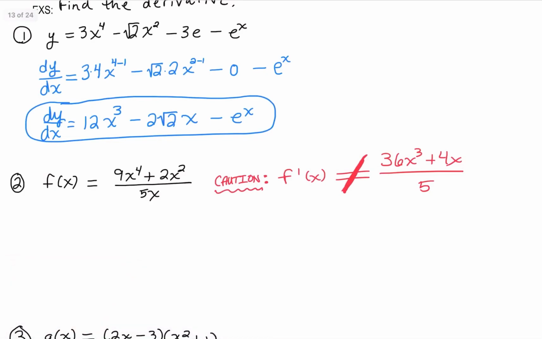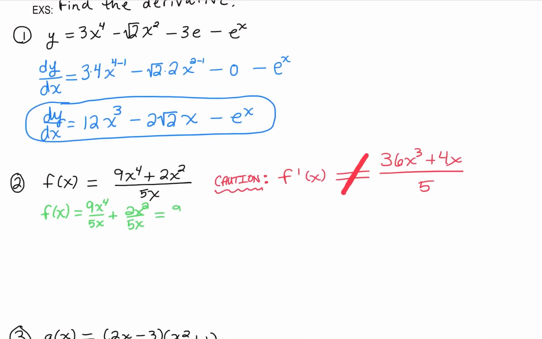Now, we will get to a point where we are going to have a rule to deal with certain quotients, but right now we're going to have to rely on our algebra. So we're simply going to have to work on first getting this into a form that is what I would call ready for differentiation, meaning I need to just divide, right? As long as you're dividing by a monomial, you can just divide each term in your numerator by your denominator and get this into a form that we can take the derivative of term by term.